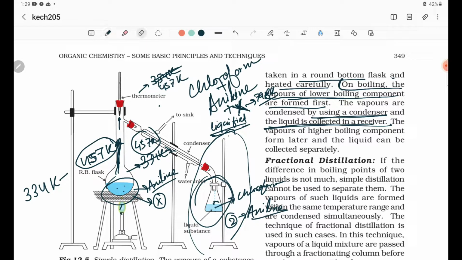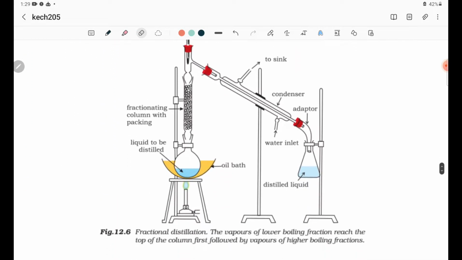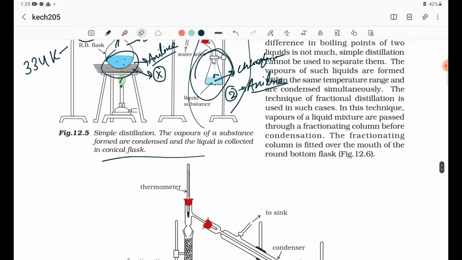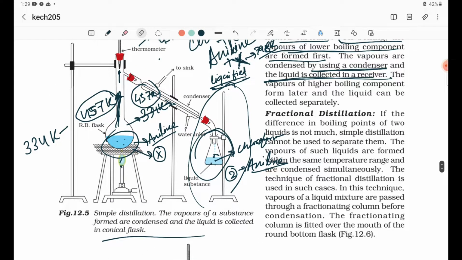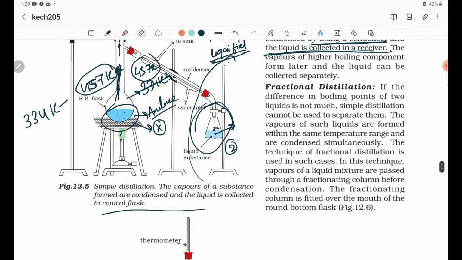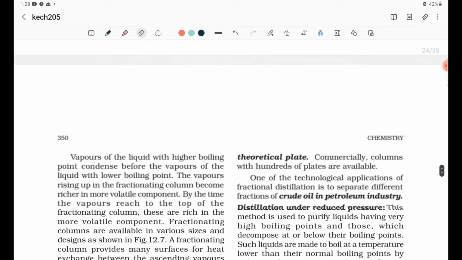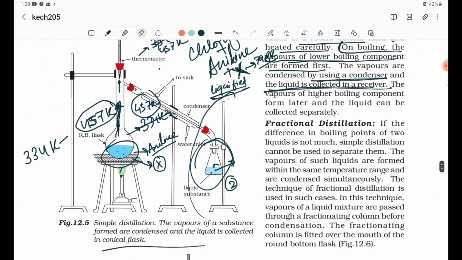I was teaching you this thing. Now we will learn about fractional distillation, which is shown over here. First let me read out the fractional distillation, then I will teach you the diagram. Fractional distillation is used if the difference in boiling points of two liquids is not much.